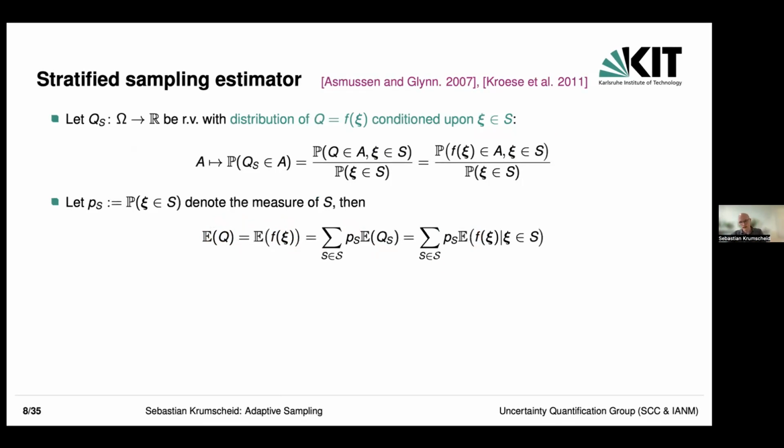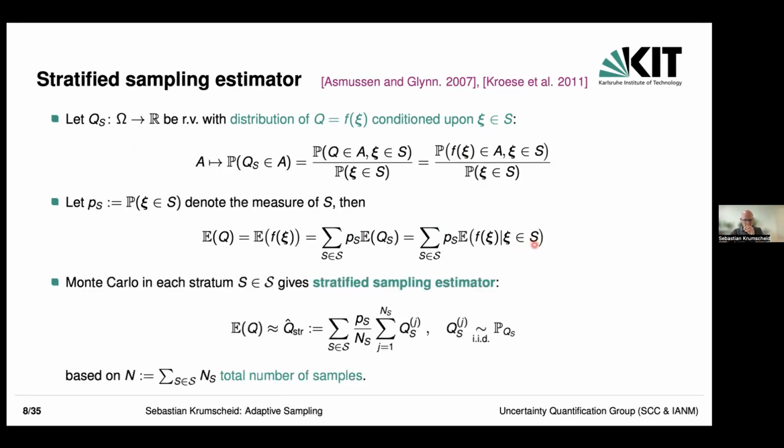Now the idea of a stratified sampling estimator is that in each stratum S, we do a Monte Carlo estimator of this expectation. So we have to sample psi in each stratum. For us, it's a uniform distribution. We evaluate f for the samples and just do a Monte Carlo average. So that's our estimator here.